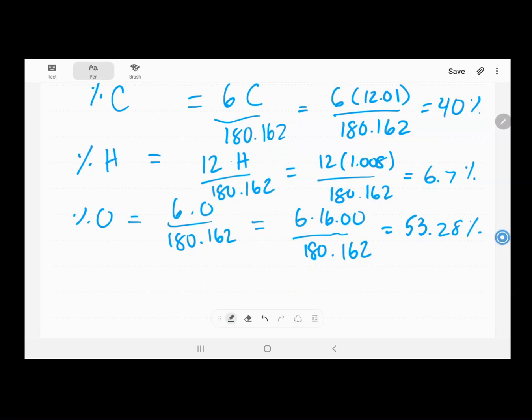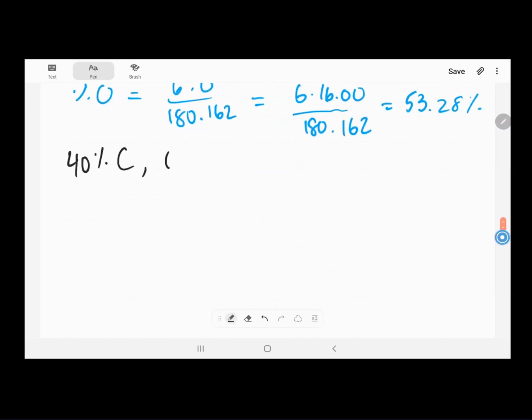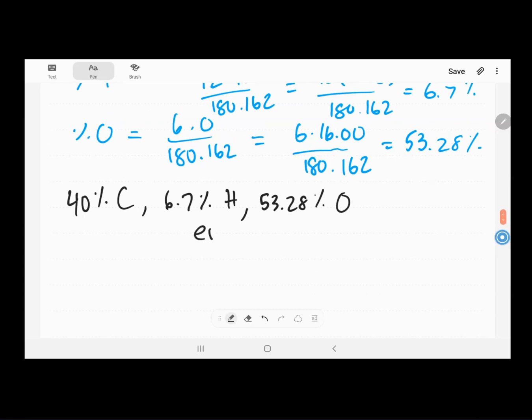So, let's say we have a compound that is 40% carbon, 6.7% hydrogen, and 53.28% oxygen. Let's go ahead and figure out the empirical formula.